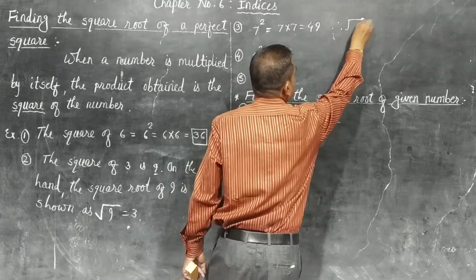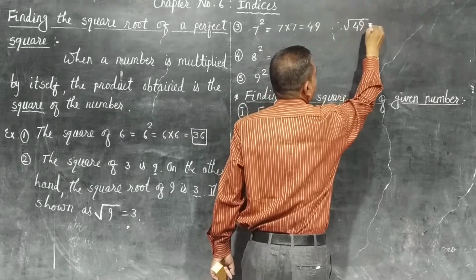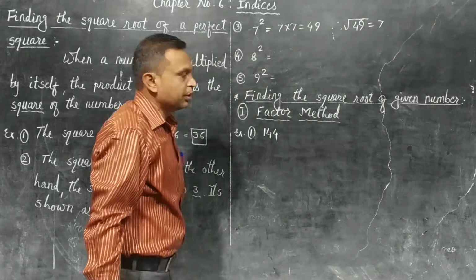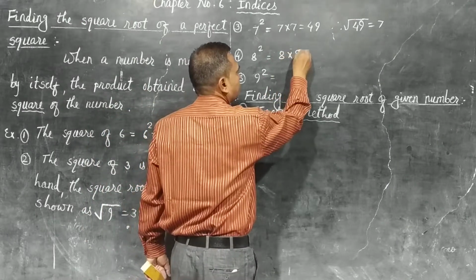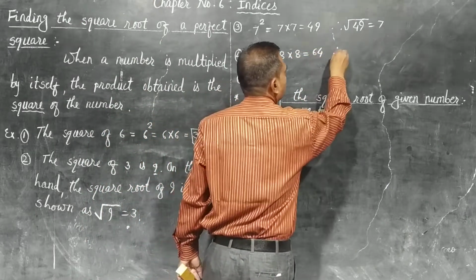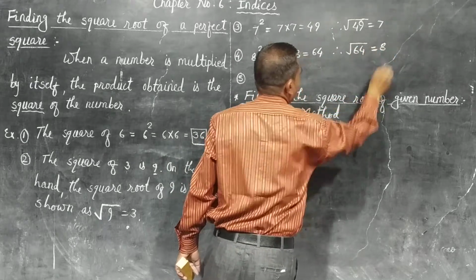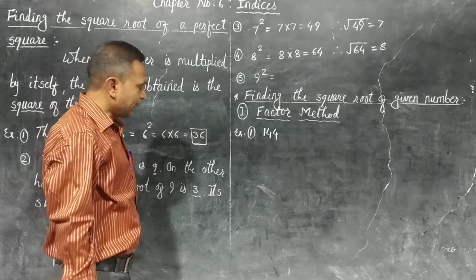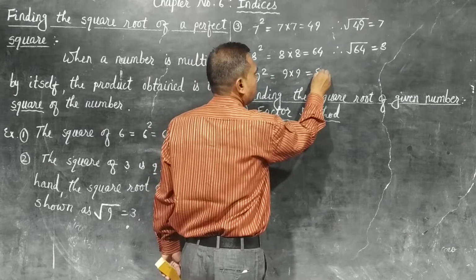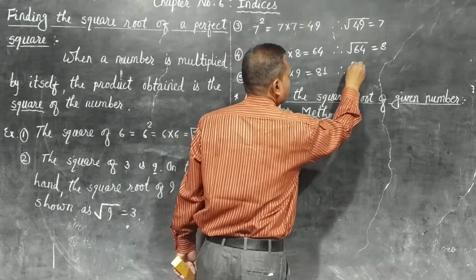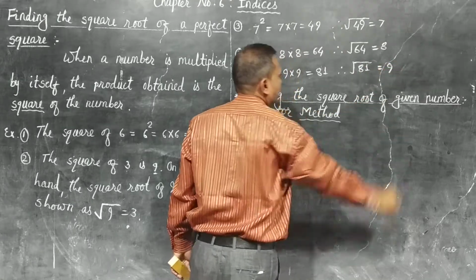Therefore, we can say that square root of 49 is 7. 8 square, 8 into 8, 64. It means square root of 64 is 8. 9 square, 9 into 9 is equal to 81. Therefore, square root of 81 is equal to 9.